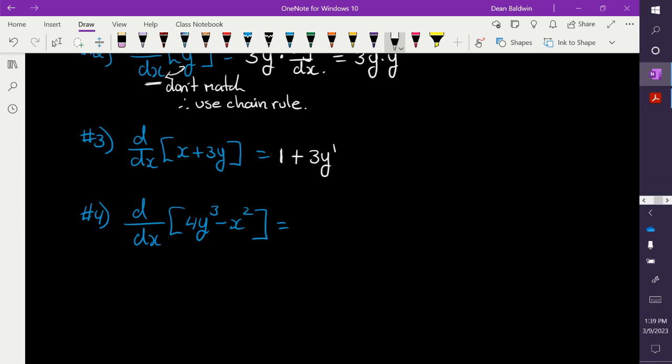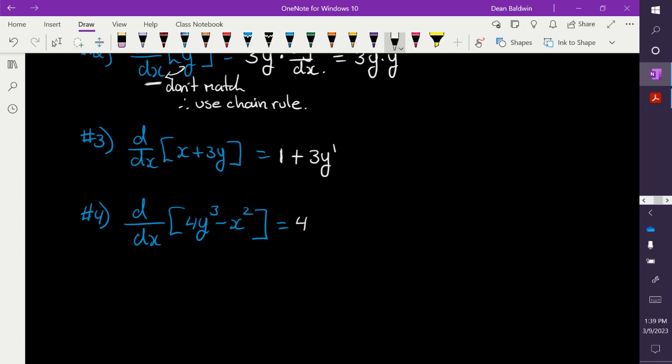So, the y function, what do I have to do? So you drop the 3 down. Yeah. Okay, so the 3, here, I'll write it out. The 4 stays there. Constant, we don't care. We just put the constant right in front. Don't change it. Then I'm deriving y cubed.